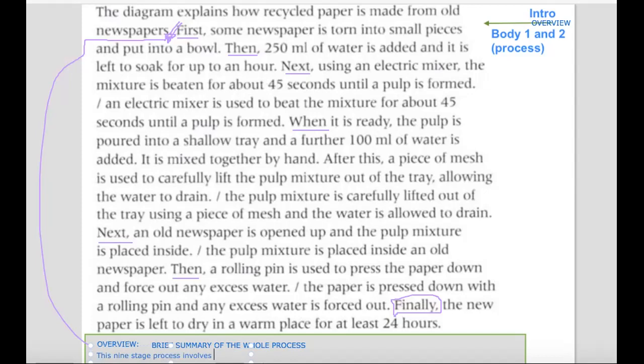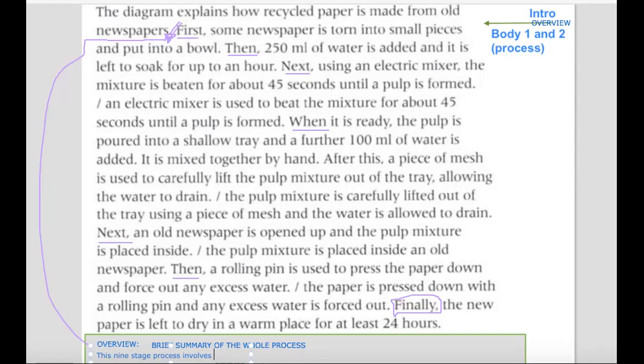Remember, we're making newspaper into recycled paper.